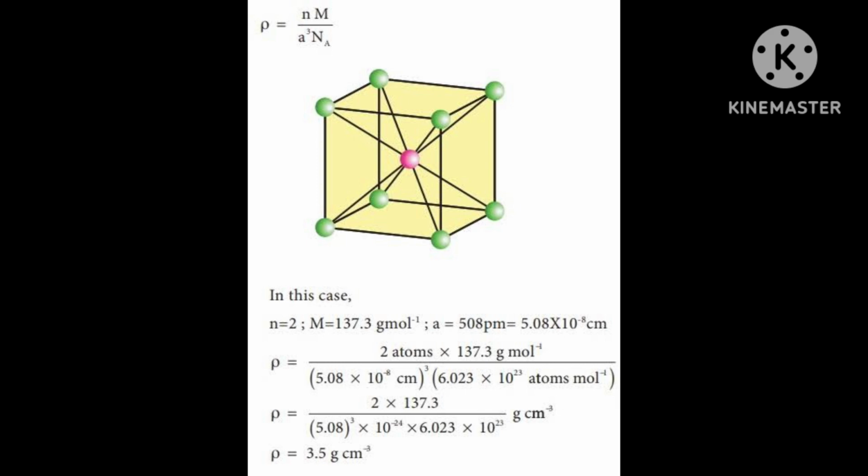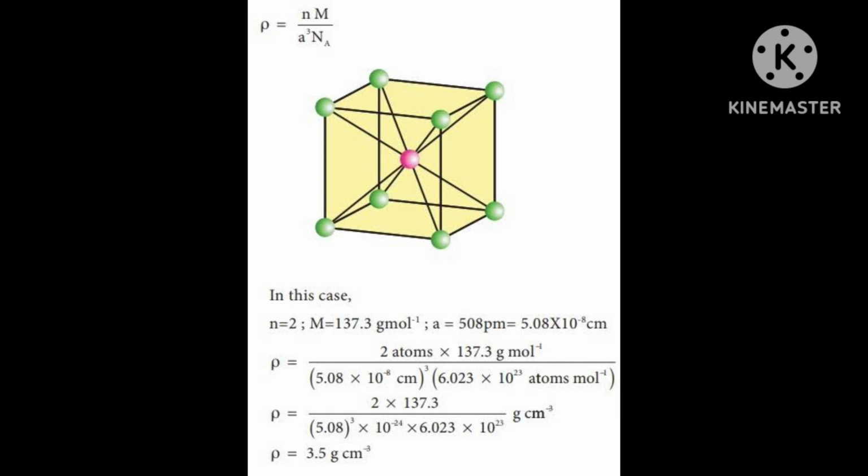Hence, if you divide the total volume 28.88 by this volume, 2.39 into 10 to the power minus 23 cc, you will get the number of atoms present in 208 gram.